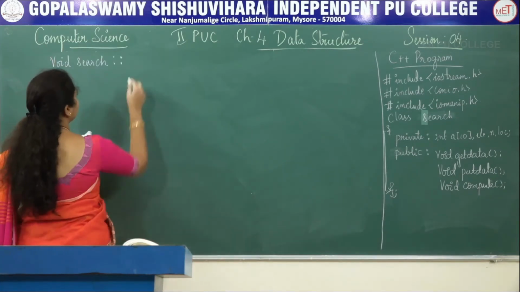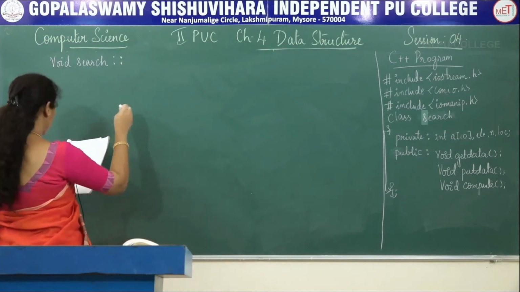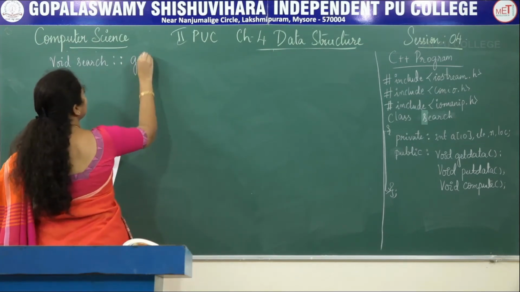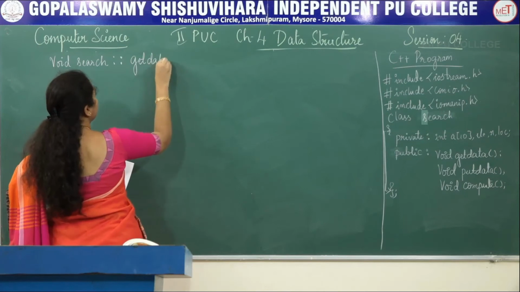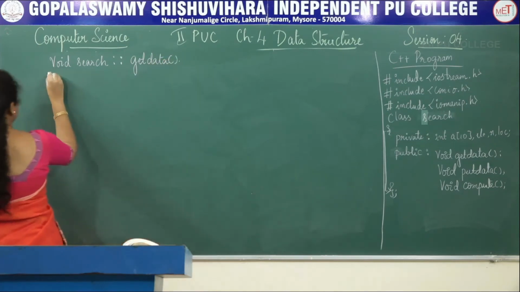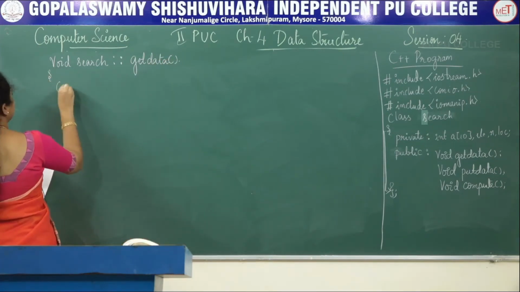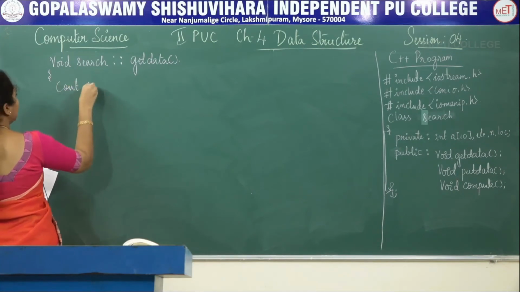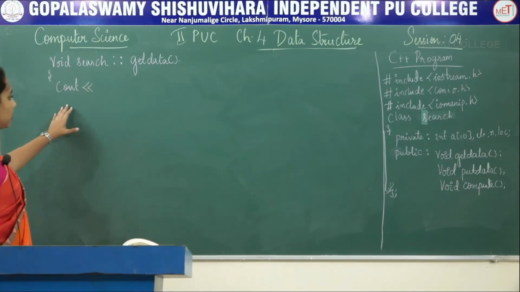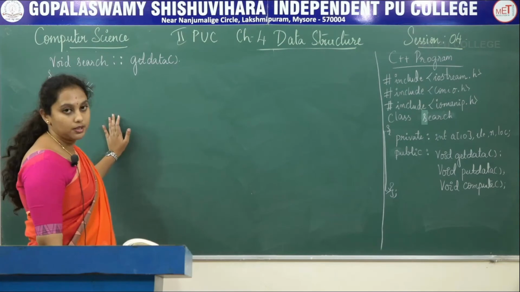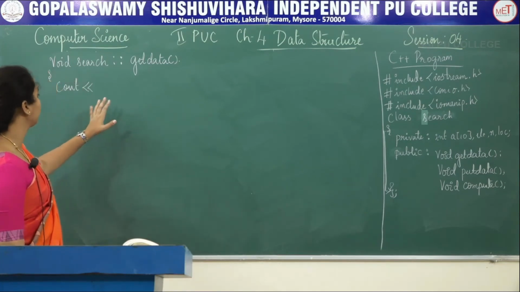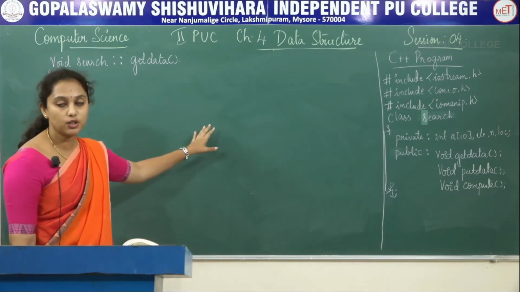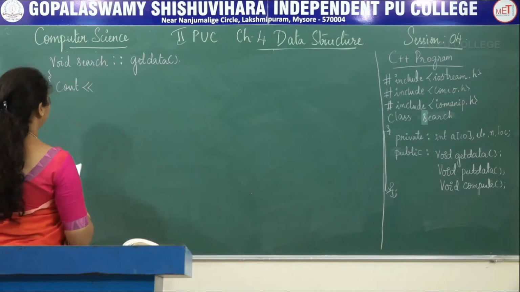Void search, scope resolution operator, then write the function name, get data function. The cout statement is used to display the data on the monitor.